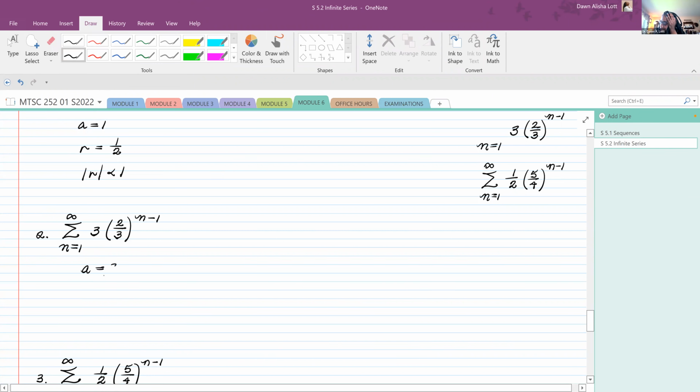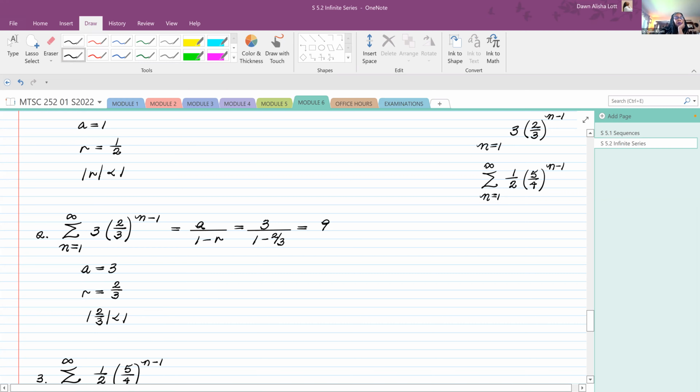A is 3. R is 2/3. The absolute value of 2/3 is less than 1. So this is going to converge to A over 1 minus R. Which is 3 divided by 1 minus 2/3, which is 3 over 1/3. So that's going to converge to 9.